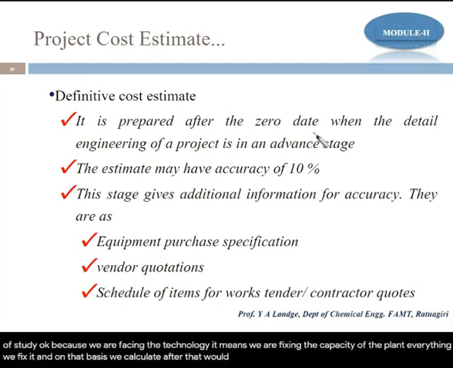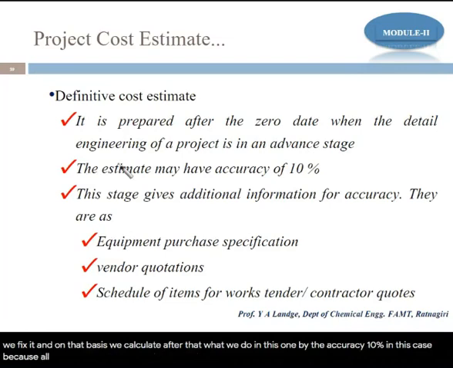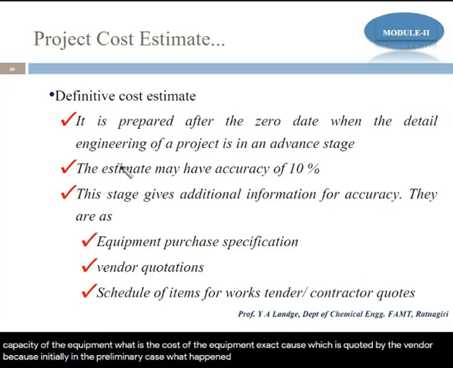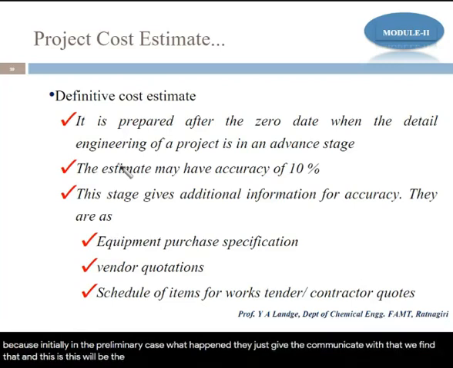After that, why is the accuracy 10% in this case? Because all the project details, all the detailed engineering of the project is known to us. Means what is the capacity of the equipment, what is the cost of the equipment, the exact cost which is quoted by the vendor. Because initially in the preliminary case, they just communicate with that vendor, and they say yes, this will be the approximate cost of it.